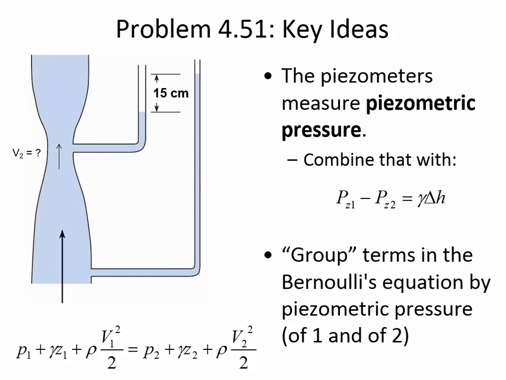So I just wanted to remind you that this example has many of the same problem-solving steps as what we just solved, even though instead of a differential manometer, this is just a piezometer.